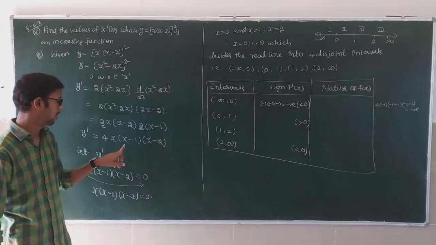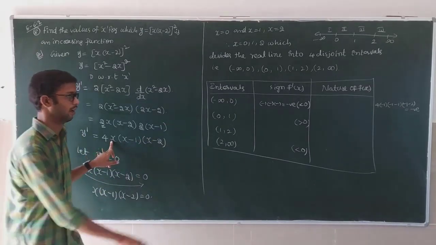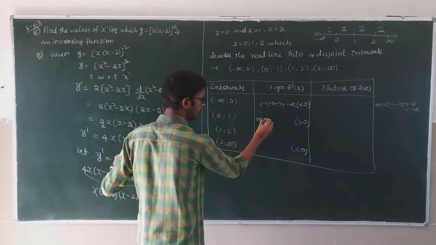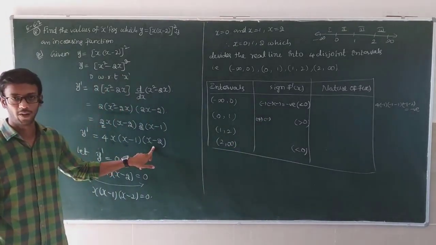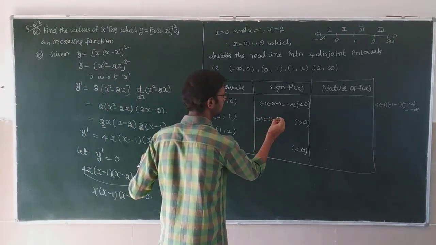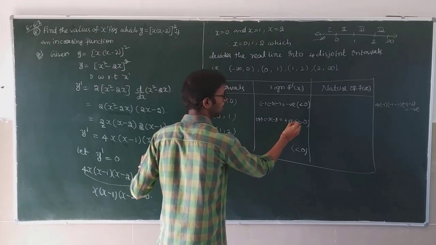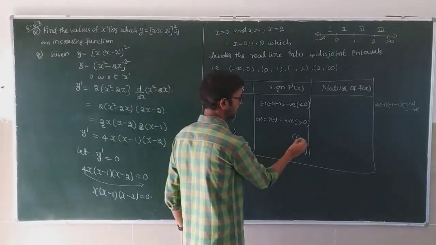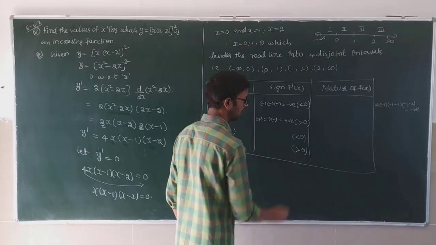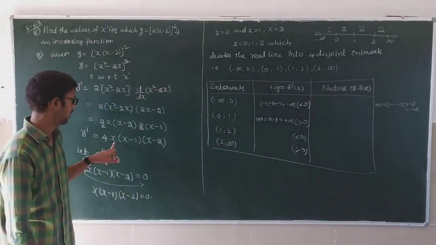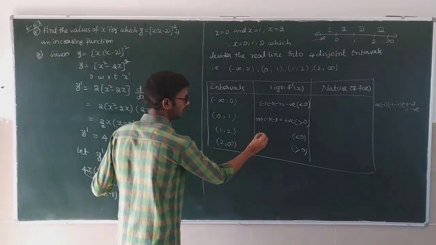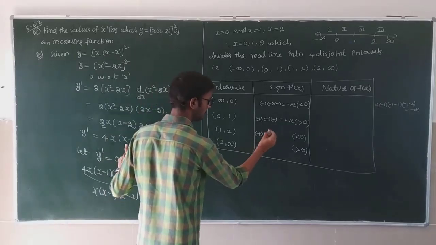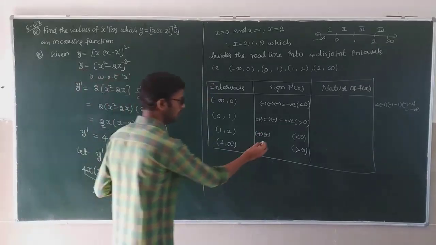For 0 comma 1, take 0.5: 0.5 positive, 0.5 minus 1 negative, 0.5 minus 2 negative. That will become positive, greater than 0. Next, for 1 comma 2, take 1.5: 1.5 positive, 1.5 minus 1 positive, 1.5 minus 2 negative.